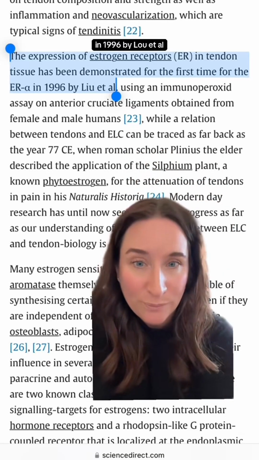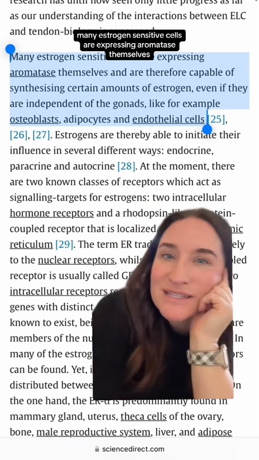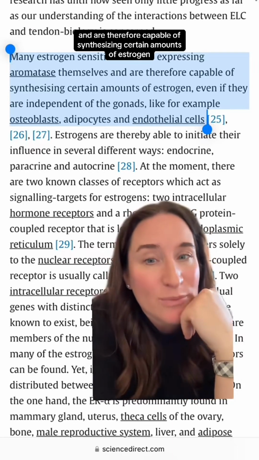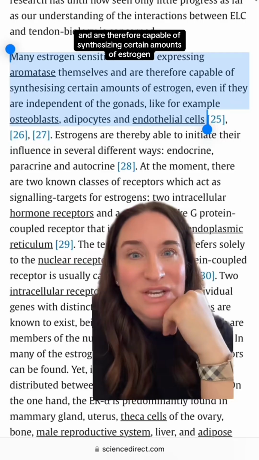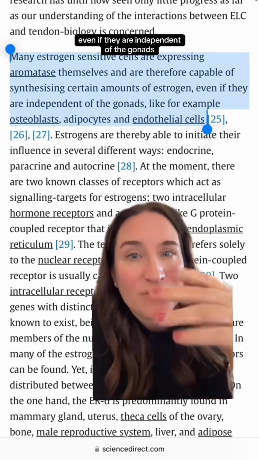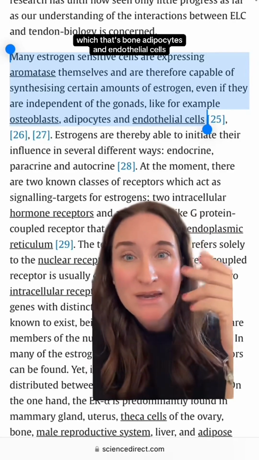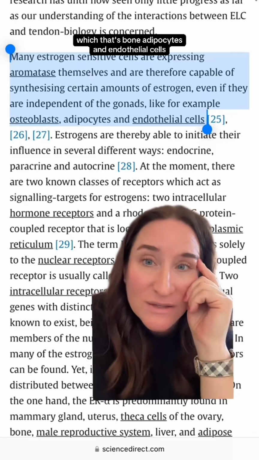by Liu et al. Many estrogen-sensitive cells express aromatase themselves and are therefore capable of synthesizing certain amounts of estrogen, even if they are independent of the gonads, like, for example, osteoblasts, which is bone, adipocytes, and endothelial cells.